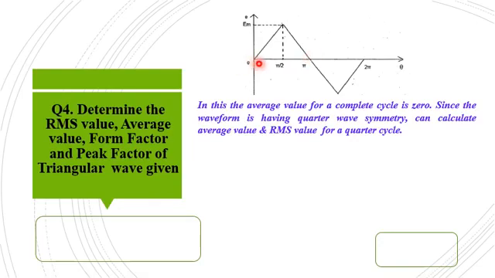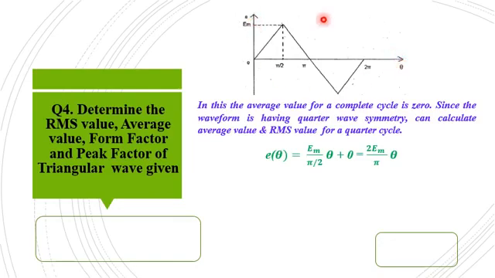That is only for the interval 0 to pi by 2. Now we need the equation for this waveform in the interval 0 to pi by 2. In this interval, we can see that it is a straight line. So substituting in the equation for a straight line, y equal to mx plus c, we get E of theta as the y-axis value, because on the x-axis our variable is theta.